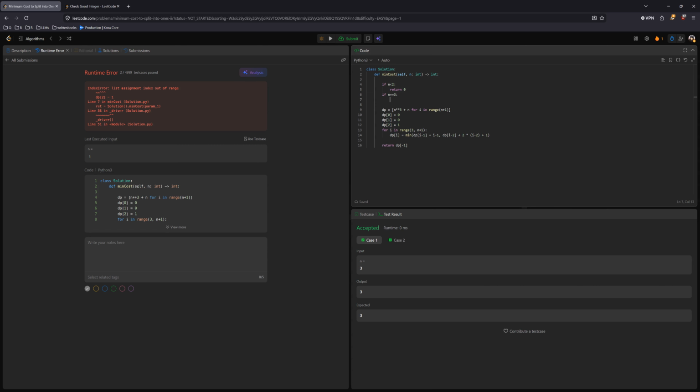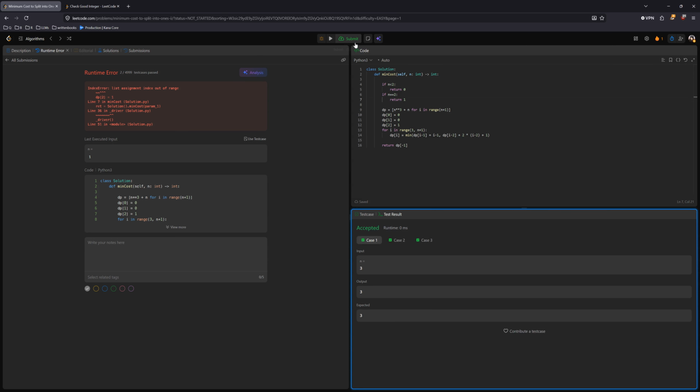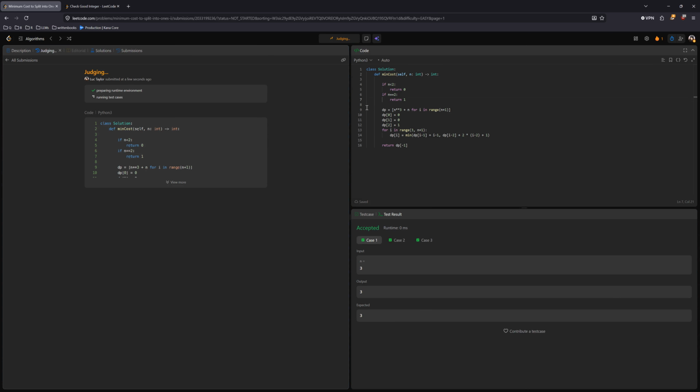This is n equals 1. If n equals 2, then return 1. Where's the test case? Let's go.